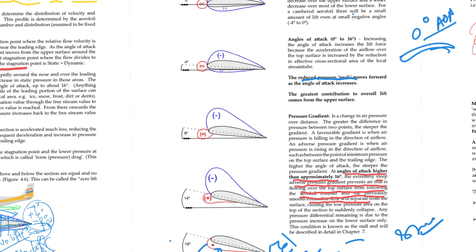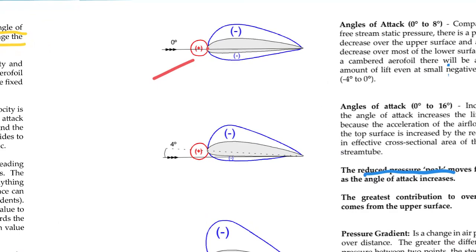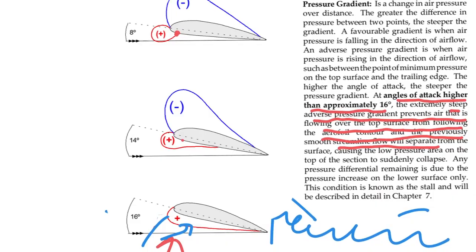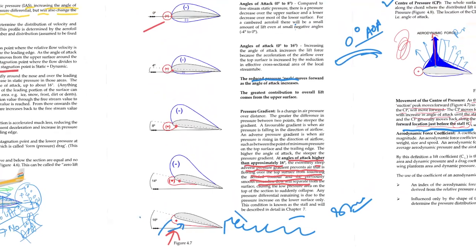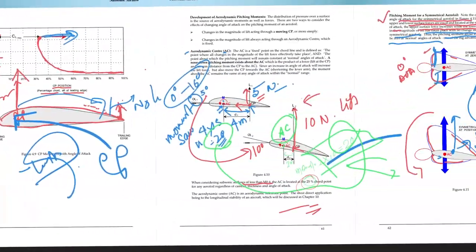Now as the angle of attack increases, this stagnation point goes a little down, then further down, then further down. So what happens as the angle of attack increases, the stagnation point from the leading edge goes below the wing and moves towards the trailing edge. Okay.